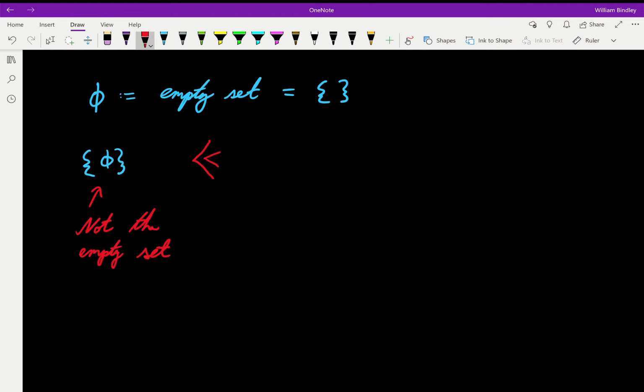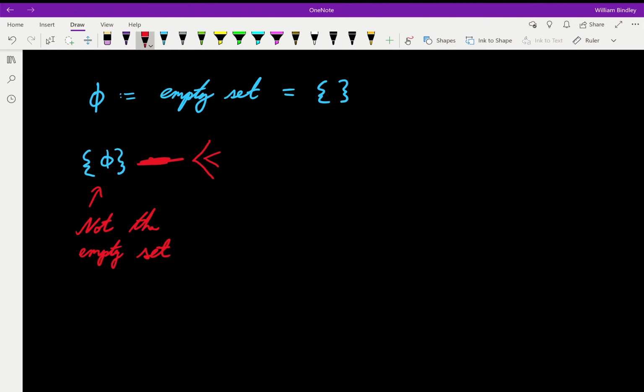That folder is the empty set, but the outer folder is not empty. It contains a folder. So that scenario is like these two here.